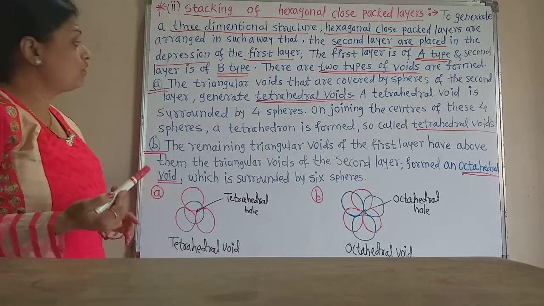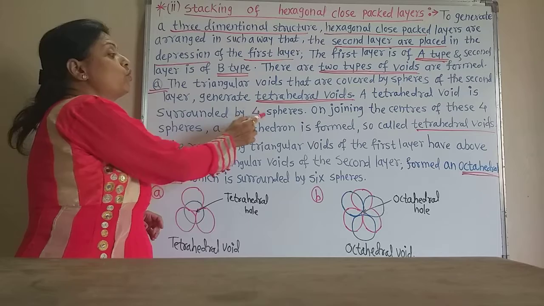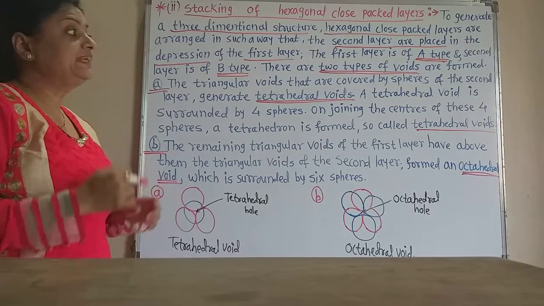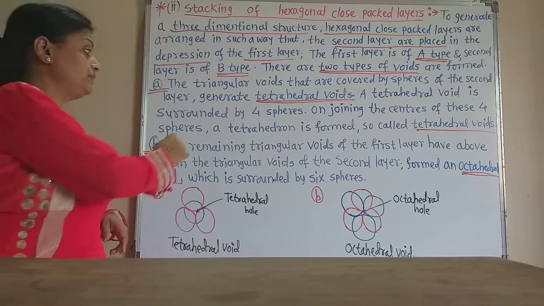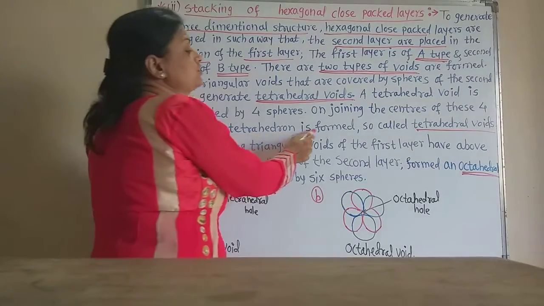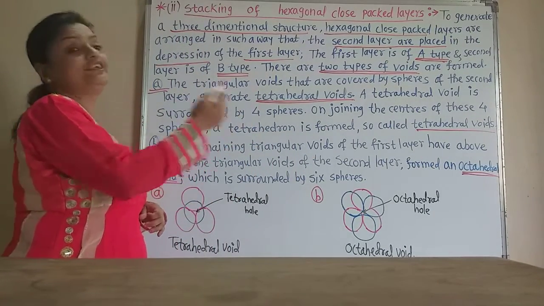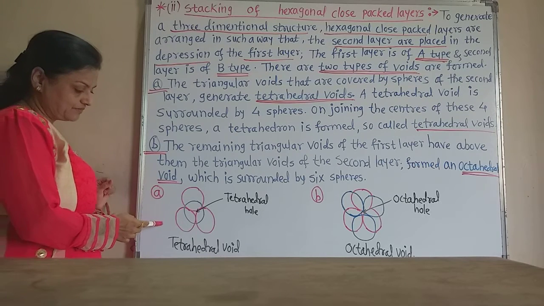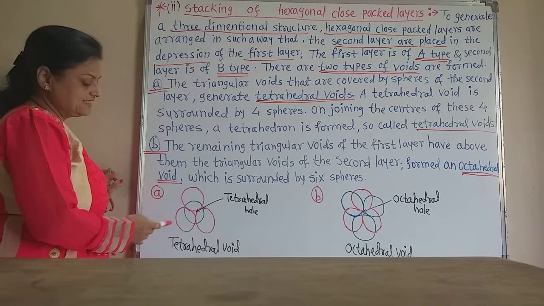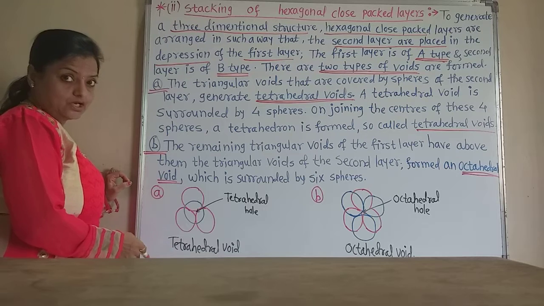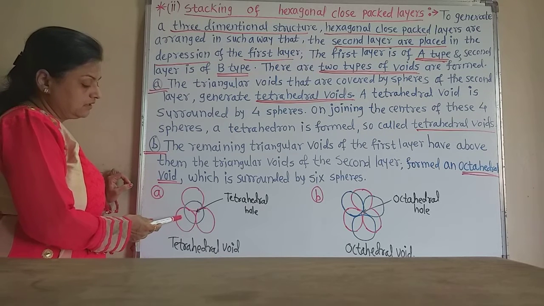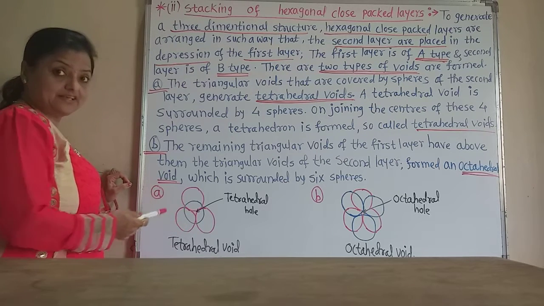The tetrahedral void is surrounded by four spheres. Joining the centers of these four spheres, a tetrahedron is formed. So those voids are called tetrahedral voids. Now see this figure. This is the figure of a tetrahedral void. Here, four spheres are there.